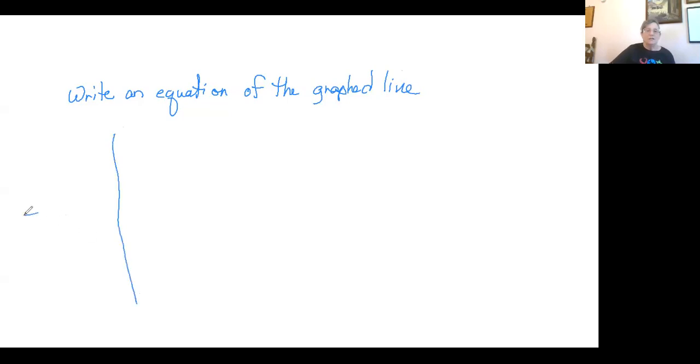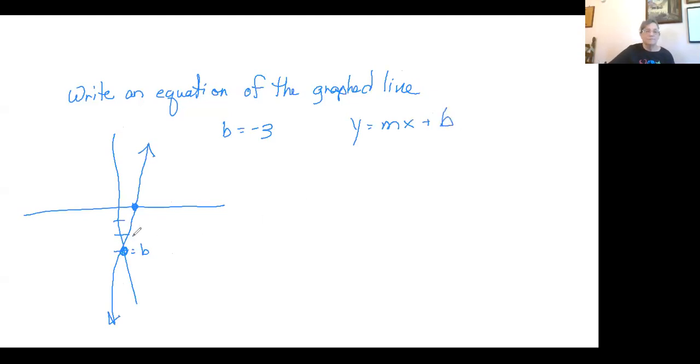And we've got a line that goes through the point (0, -3), and say the point (1, 0). This is going to be b, our y-intercept. So b is -3, and we're trying to write an equation in this form.